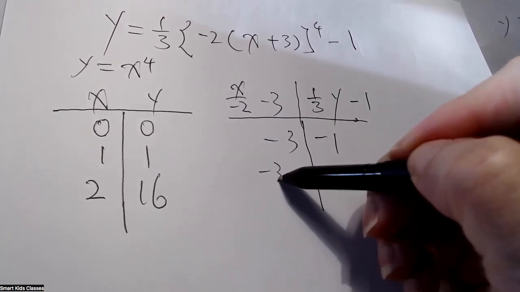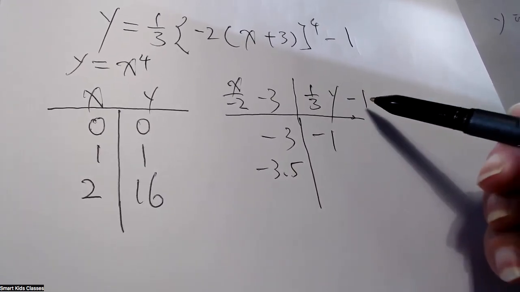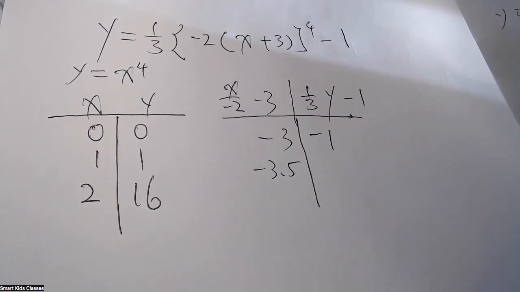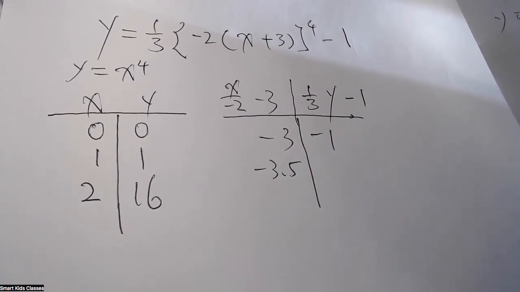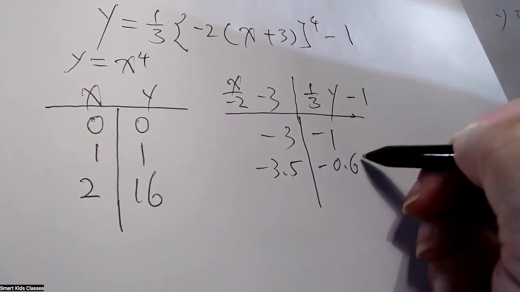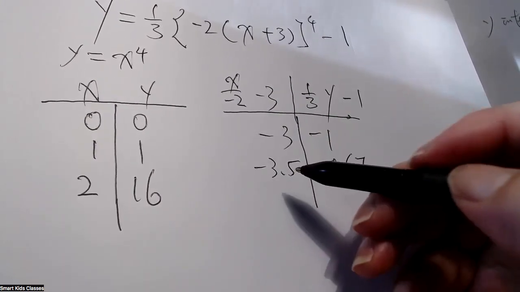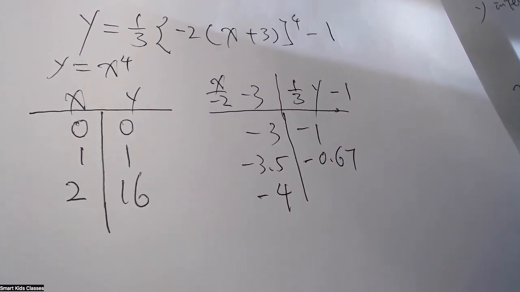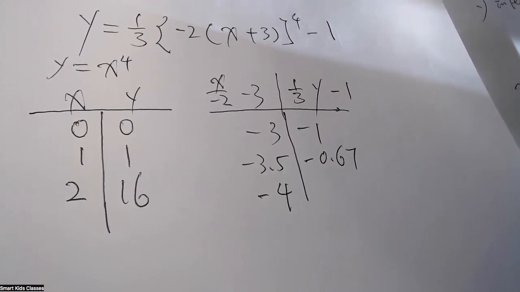It will be -3.5. How about 1? So it will be -1, okay, I'm going to put 1, subtract 1/3. So it's 0.67. So how about a 2? So 2 is -1, so we're going to have -4. And 16 divided by 3 and -1, we get 4.3.